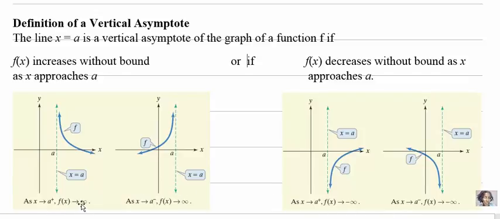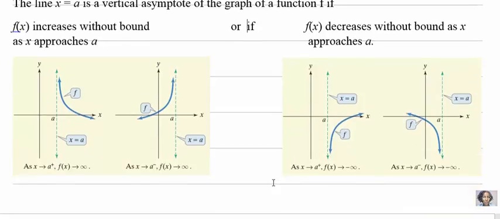The function can either be increasing without bound, another way of saying that is that f of x is going to infinity, or it can be decreasing without bound, another way to say that is that f of x is going to negative infinity. So this is the definition of a vertical asymptote.